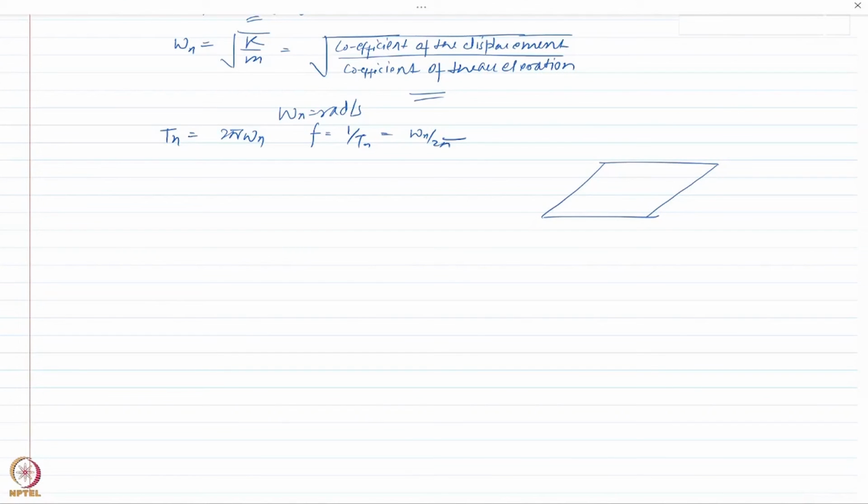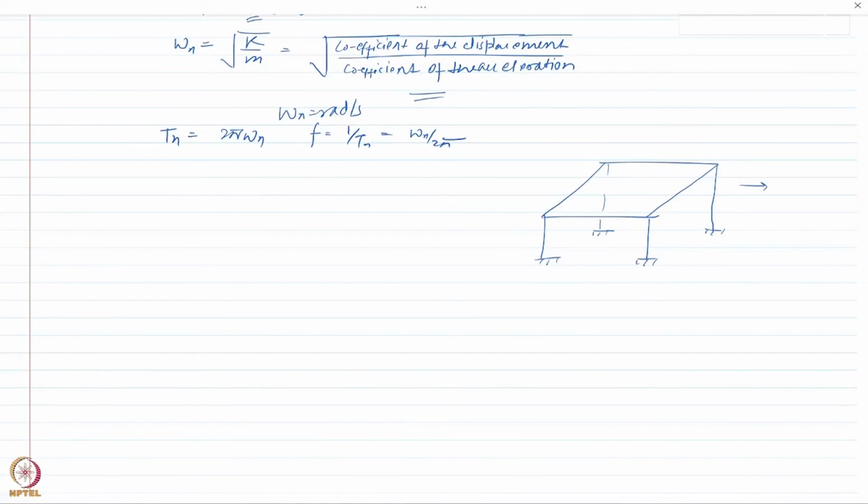Anyway, let us say I want to find out the time period of the lateral motion. There was a problem, remember, in which we had considered torsional motion, but right now we want to consider only the lateral time period of the system.